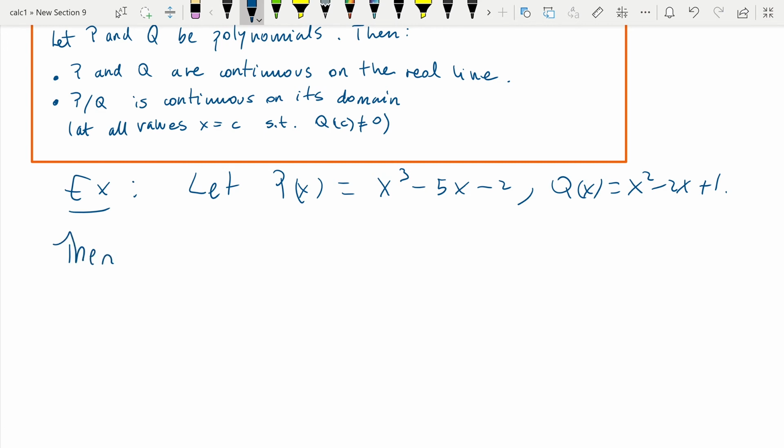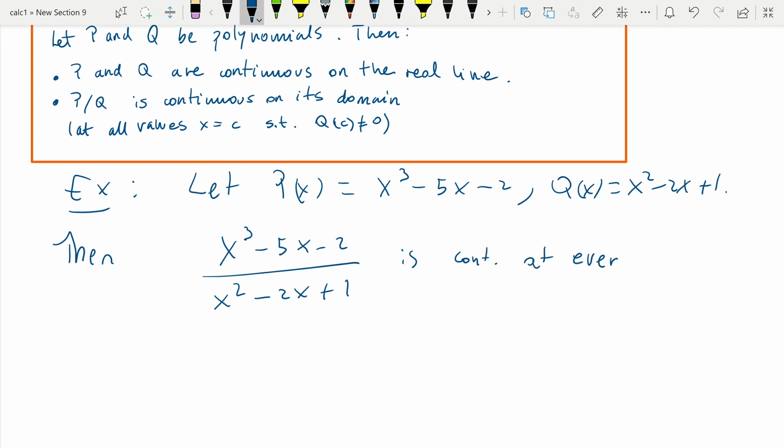Then the quotient is continuous at every point in its domain.